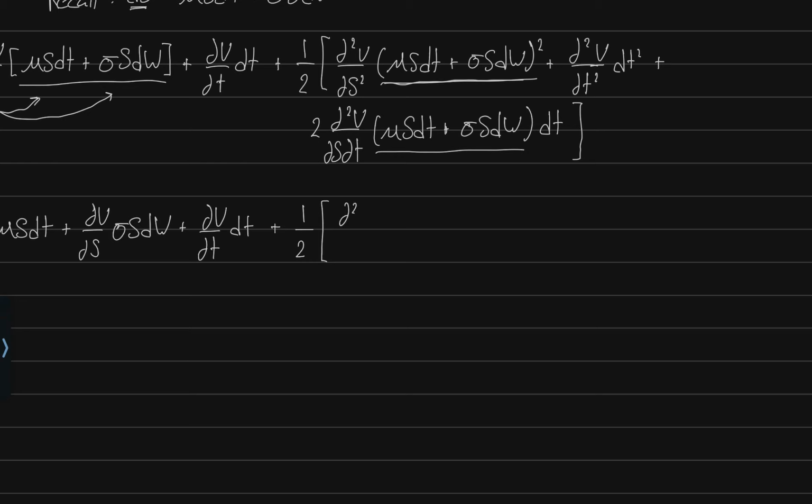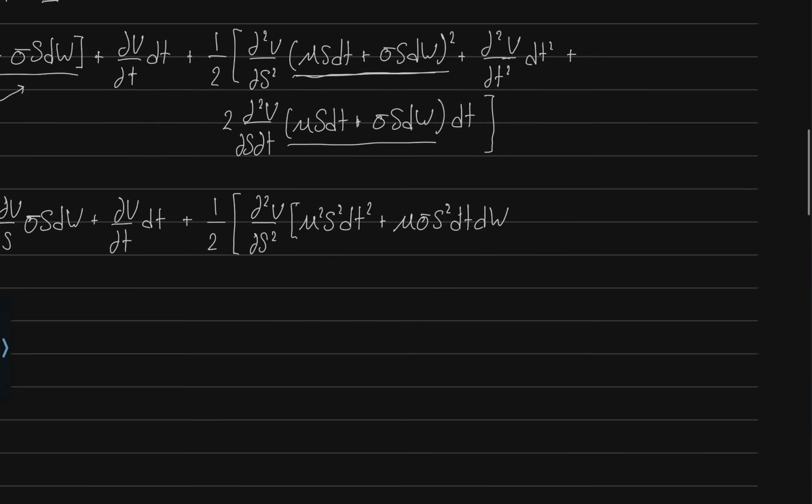So we have d²V/dS², and what this will turn into is going to be μ²S² dt² plus 2μσS² dt dW, and if we square the last part, we will have σ²S² dW². Cool, so that's all well and good.